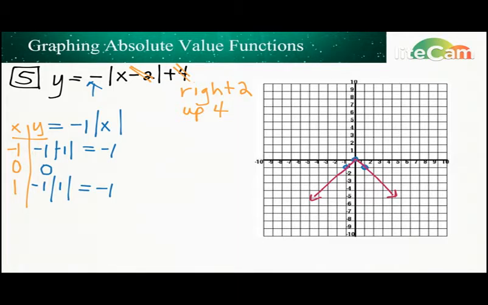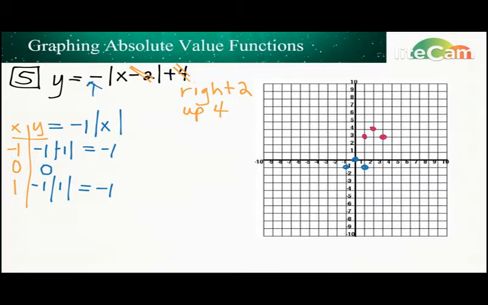Okay, now I do still need to move it to the right 2 and up 4. So I'm going to do the exact same thing. I'm going to move everything right 2 and up 4. I know it's right 1 over 1, I know where they are here.